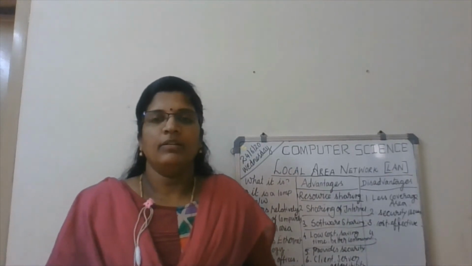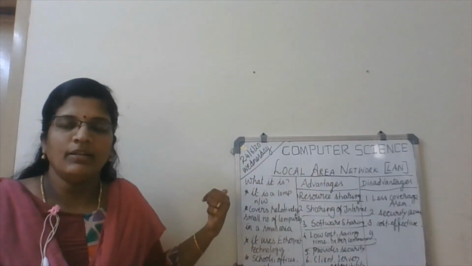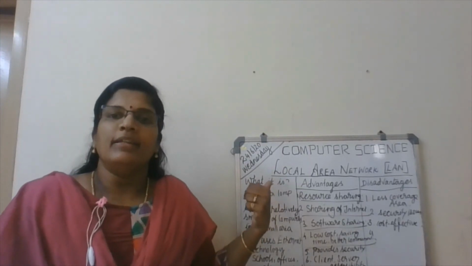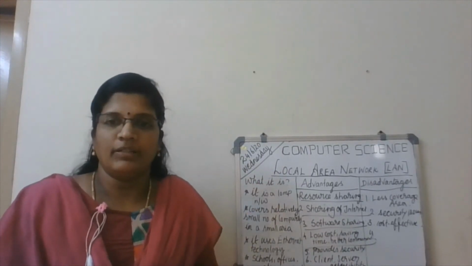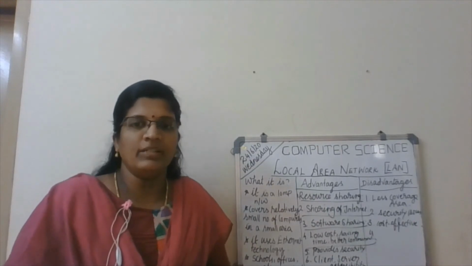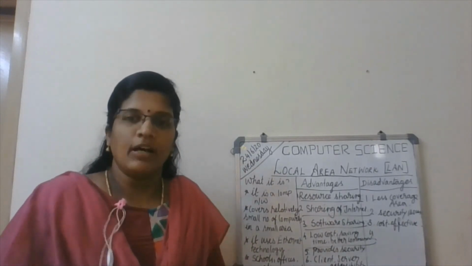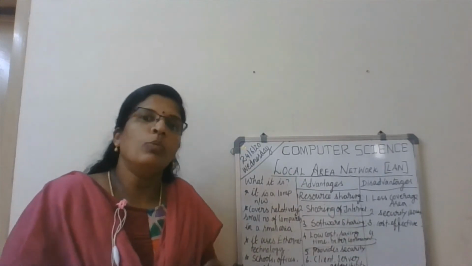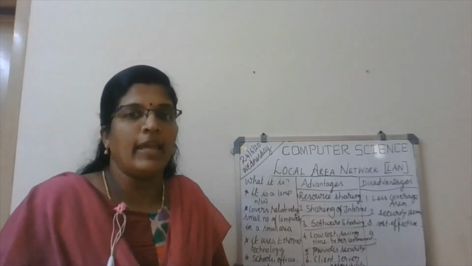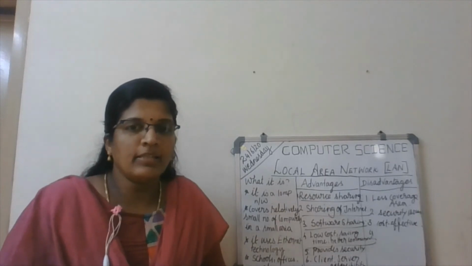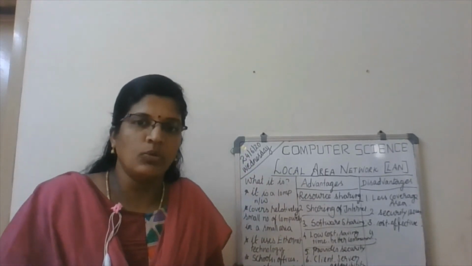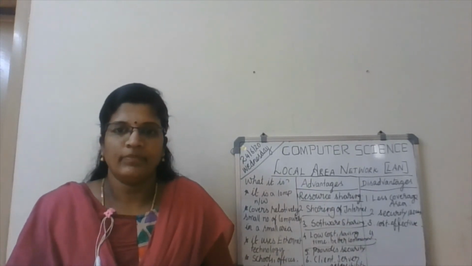So these are the disadvantages of a LAN network. Clear for everyone? So let us recollect about LAN. What is LAN? Local area network. It covers a relatively small number of computers over a relatively small area, within this building, or one particular school, or small offices.